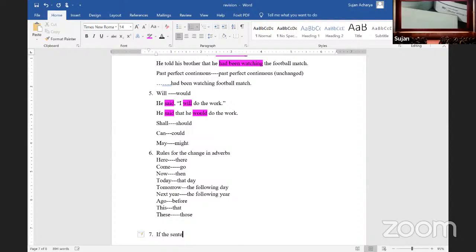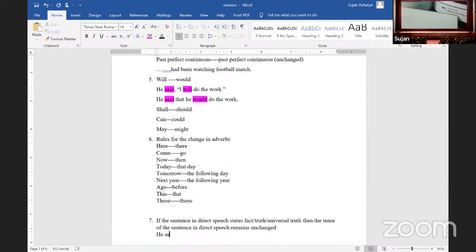If the sentence in direct speech states a fact, a universal truth, then the tense of the sentence in direct speech remains unchanged, as it is.